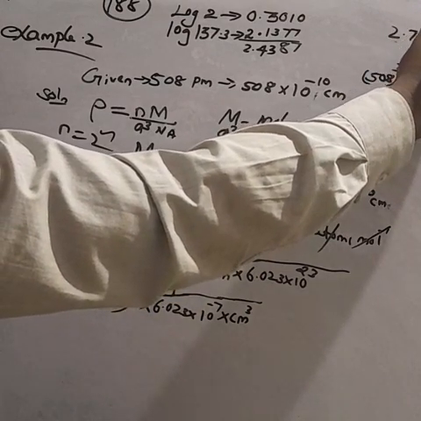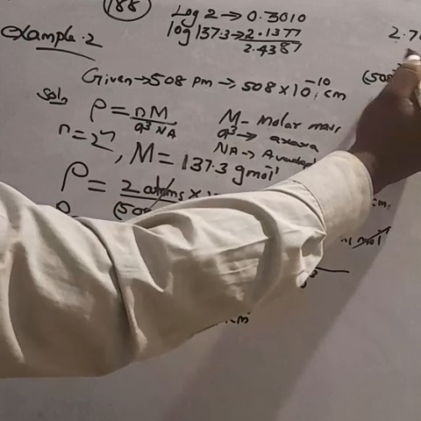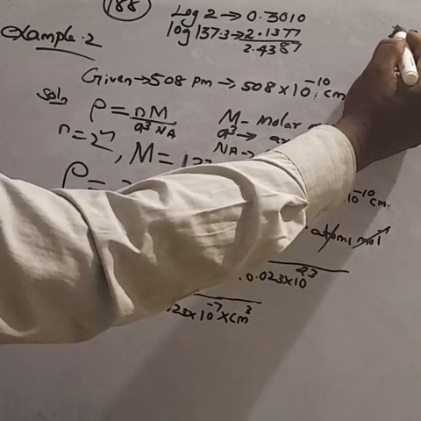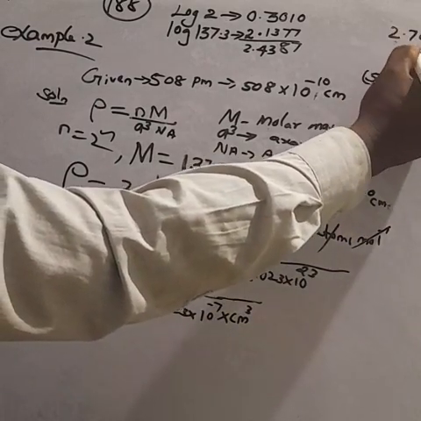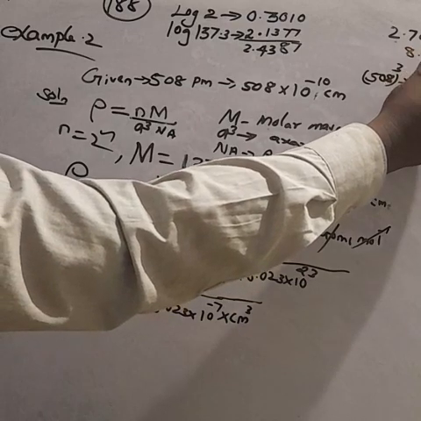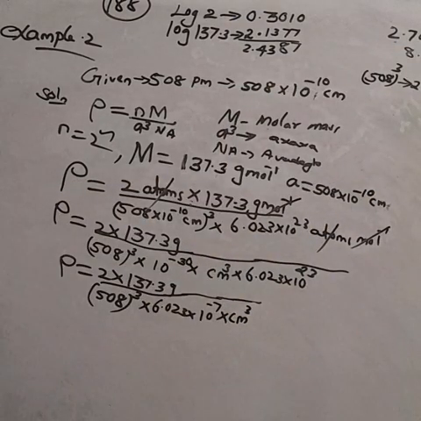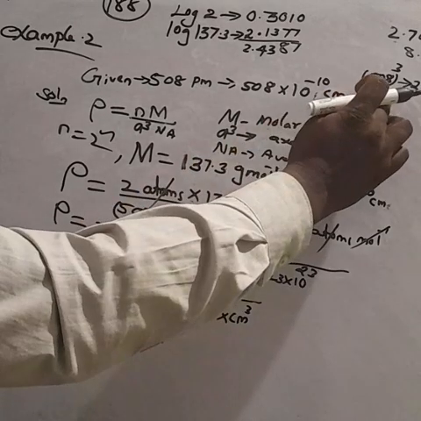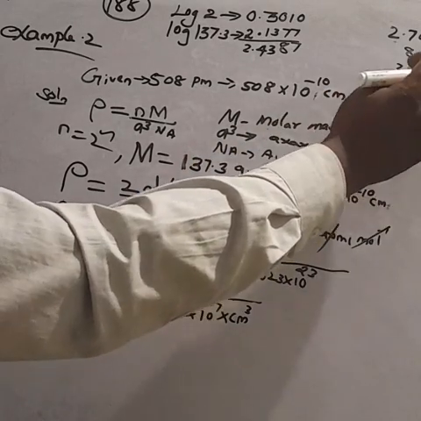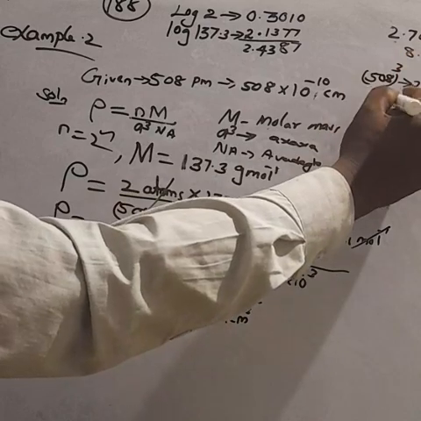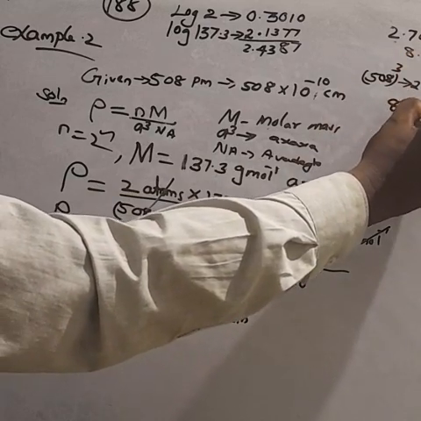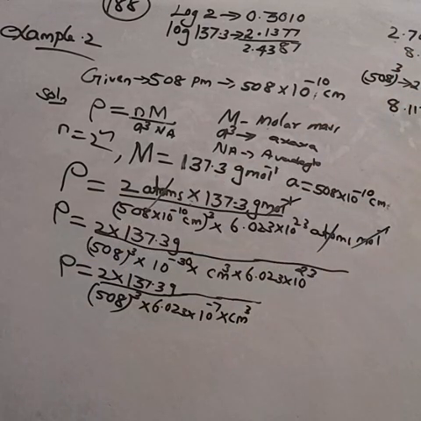So what is the possibility here? Just a multiplication, I am writing here 8.1177. This is the answer. So we get the 3 log value. 3 log of 508 value becomes 8.1177.